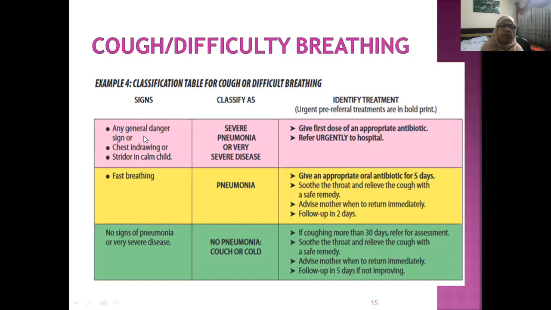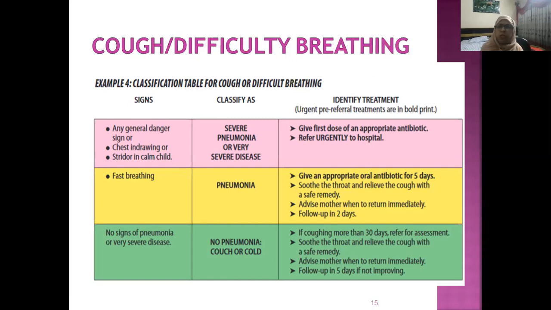And here the color codings are red, yellow, and green. This is the older classification, but as per the WHO classification of 2014, the points are any general danger sign or severe chest indrawing or stridor in a calm child. So it is a little bit different from this one, and it is written in your book.